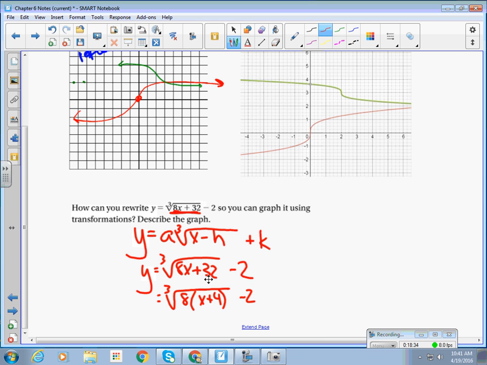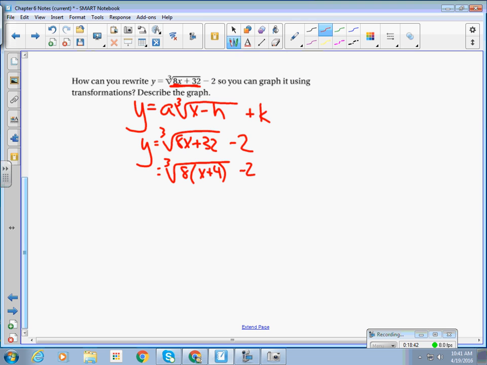Can we take the cubed root of 8? Oh, yes. Cubed root of 8 is 2. So I put the 2 out front. X plus 4 stays in, and then minus 2. So now I can describe the graph.